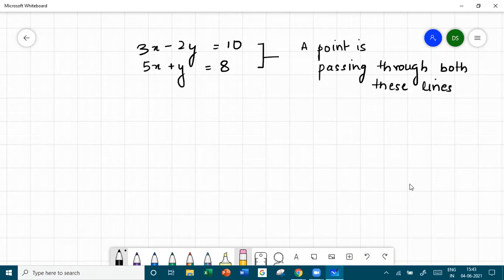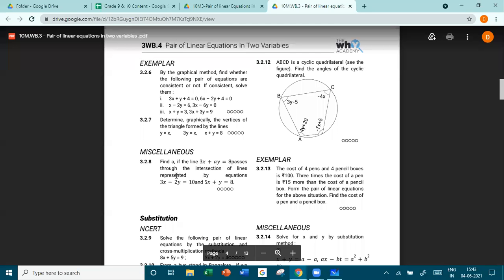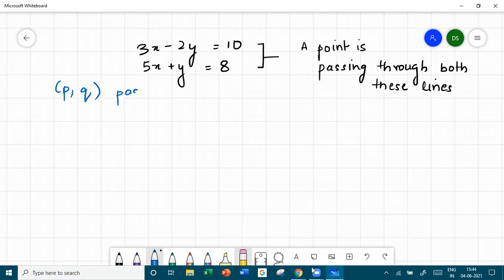So if I take my point as p comma q, and say p comma q passes through the intersection of lines, it means it satisfies both the equations.